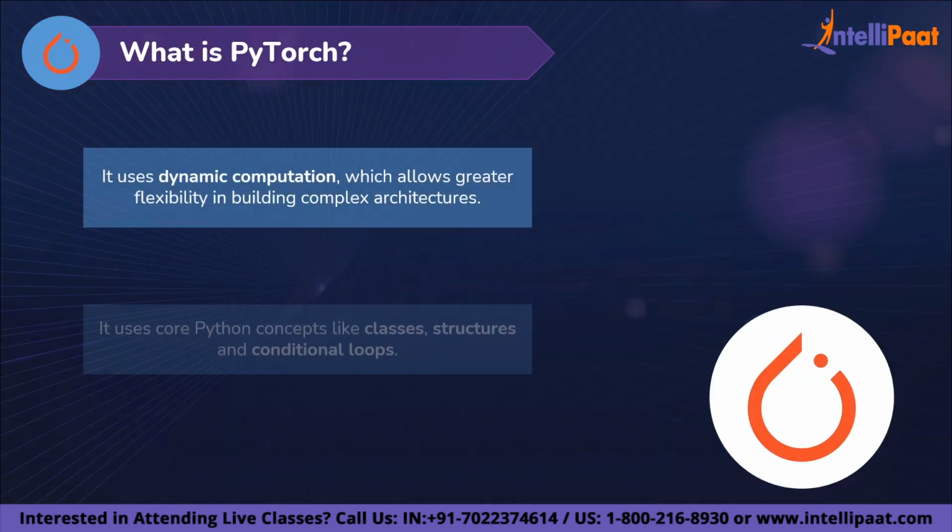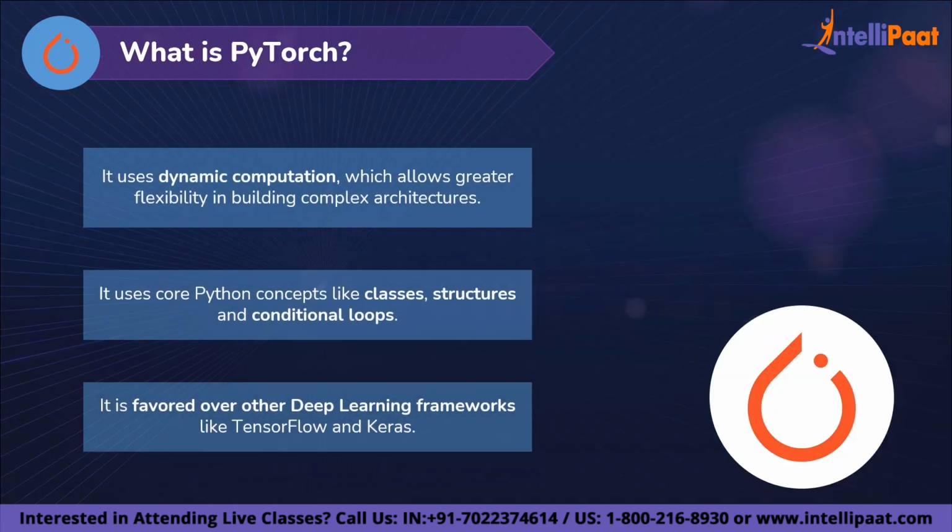And unlike most other deep learning frameworks like TensorFlow, which uses static computation graphs, PyTorch uses dynamic computation, which allows greater flexibility in building complex architectures. PyTorch uses core concepts like classes, structures, and conditional loops that are a lot more familiar to our eyes.